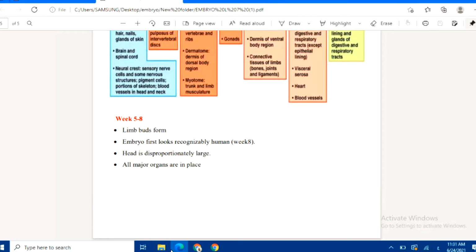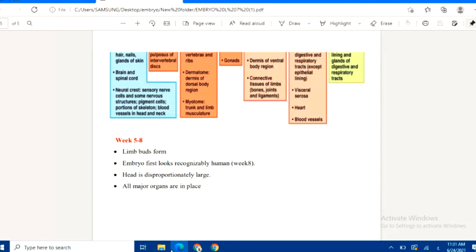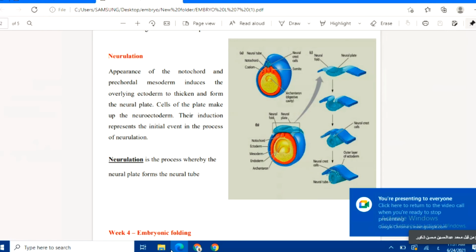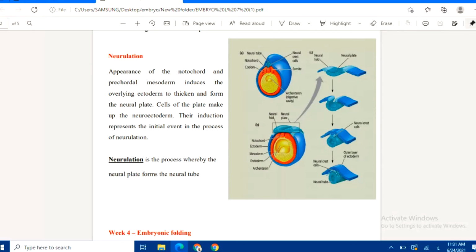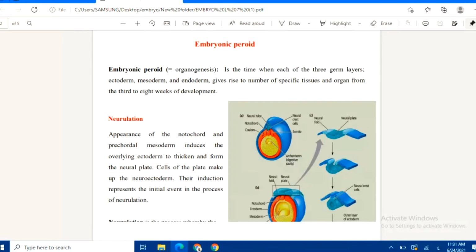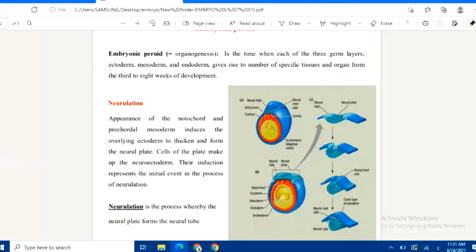نجي على lecture number 6 خلينا نقول عن relation process. Okay. So طبعا هذه المحاضرة الأخيرة أهم شرحناها. Before this one, we need to know that embryonic period is an important period that we call organogenesis processing.